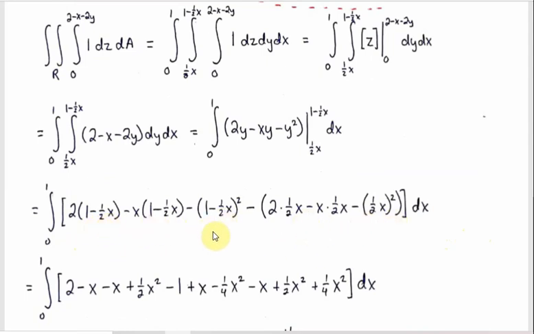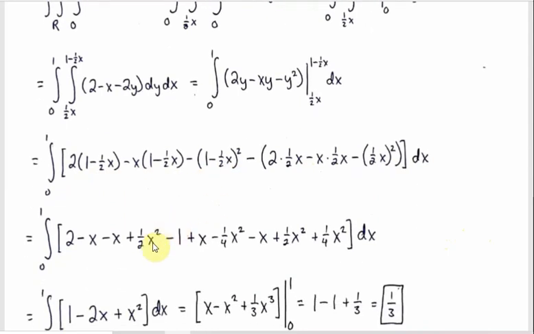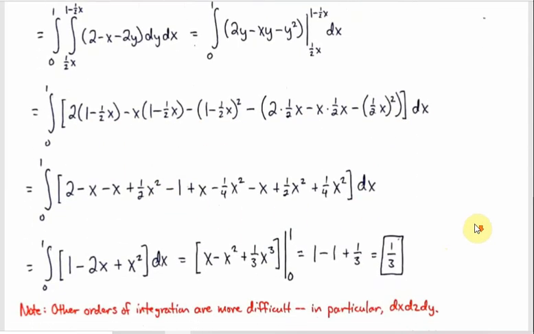You do have to square 1 minus 1/2 x at one point, so that'll give you a couple of extra terms. But I just multiplied everything out and then combined like terms. It actually looks not unreasonable here, and then that's pretty easy to integrate. You substitute in, 1 minus 1 plus 1/3, you get 1/3. Okay, so that is the final answer: 1/3.